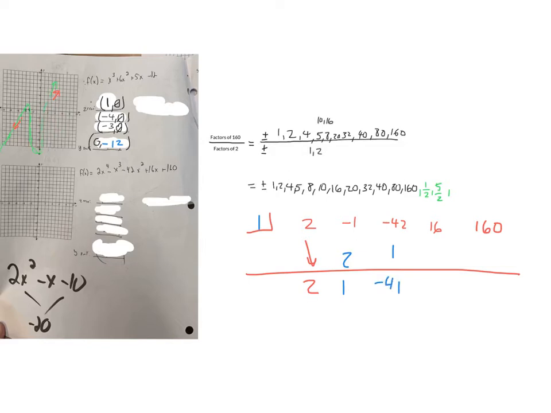And then 1 times -41 is -41. Then we add 16 plus -41, and that is -25. And 1 times -25 is -25, and that is certainly not 0. So 1 is out. 1 is not a root. So you would go through the motions.